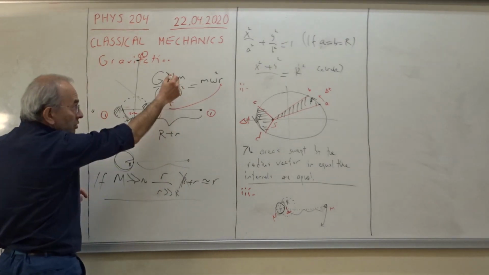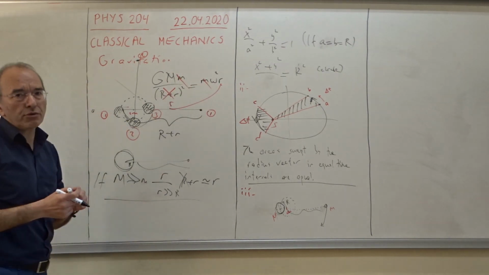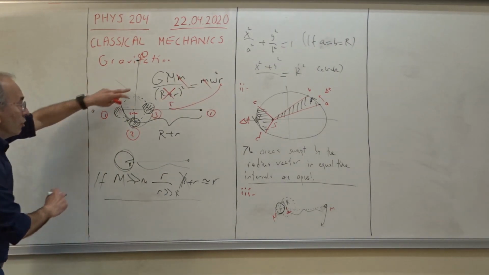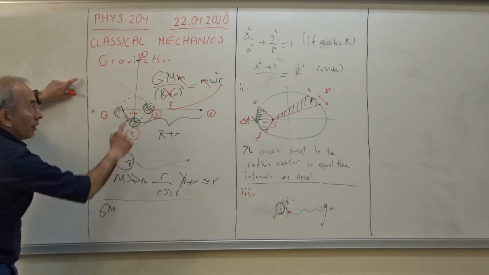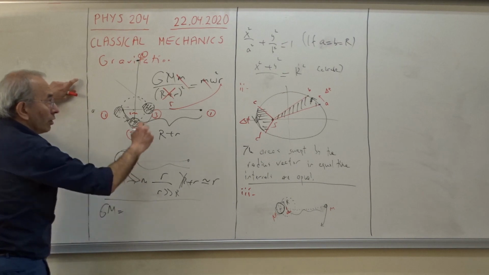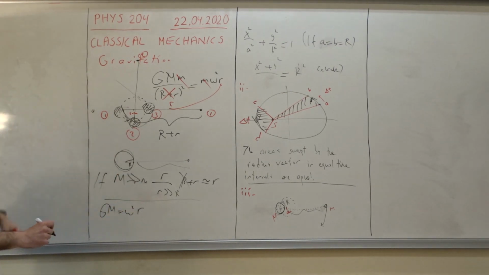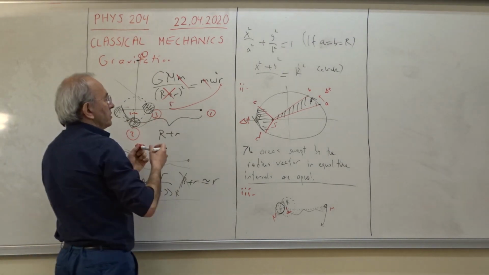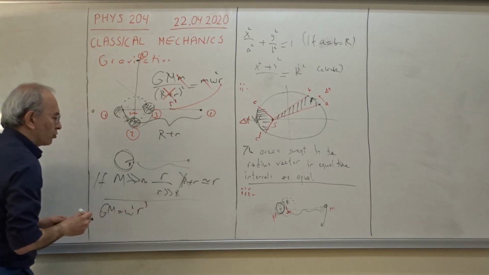So that this expression now becomes, after the cancellation of little m, the mass of the planet in this case, G M on the one hand is equal to omega squared times r squared, so this becomes r cubed. Omega squared r cubed.